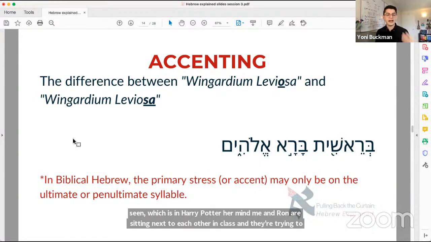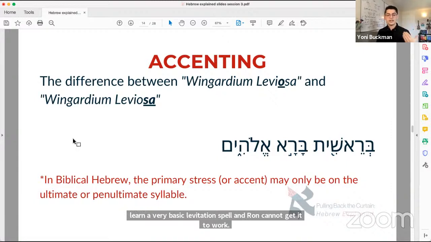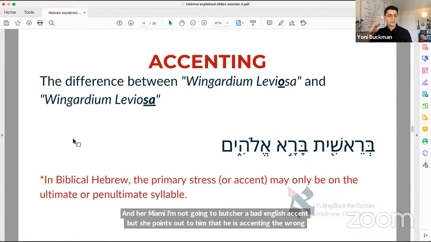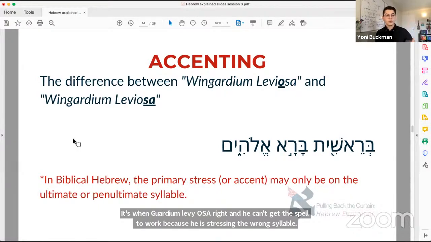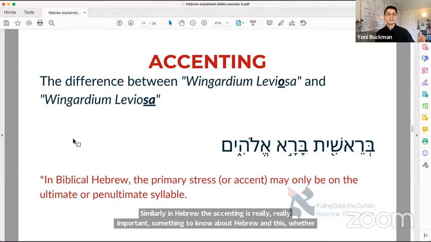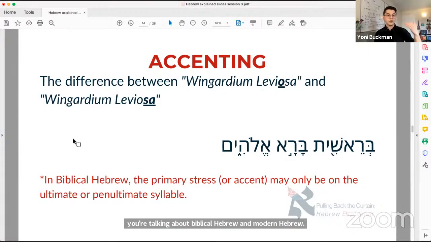Similarly, in Hebrew, the accenting is really important. Something to know about Hebrew, whether you're talking about biblical Hebrew or modern Hebrew, is that this is one of the things that makes Hebrew sound weird when someone speaks with a really English-influenced accent. Hebrew always stresses either the final or the second to last syllable, either the ultimate or the penultimate.